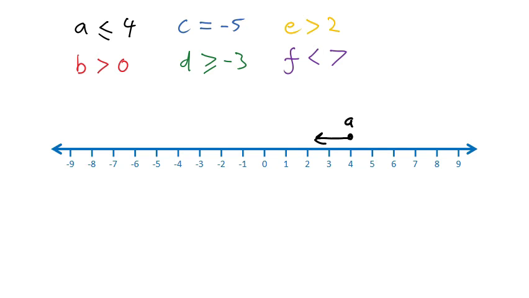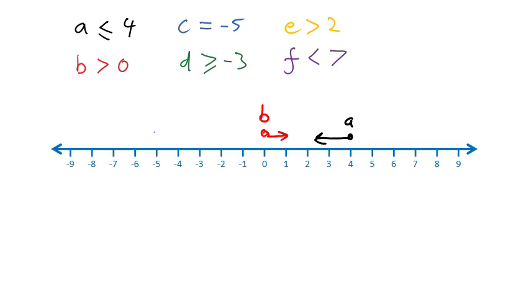Let's look at B. B starts at 0, but there's no equals. So we do a little open circle. And it's greater than, so it's going that way. And that's B. And if we look at C, C says equals -5.